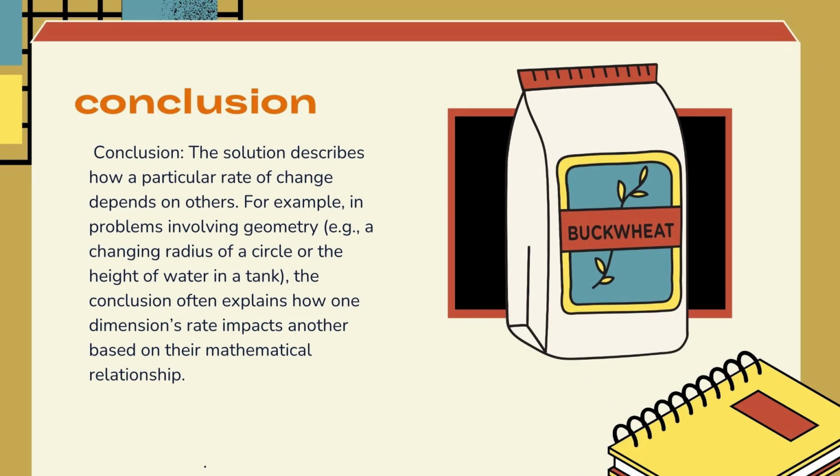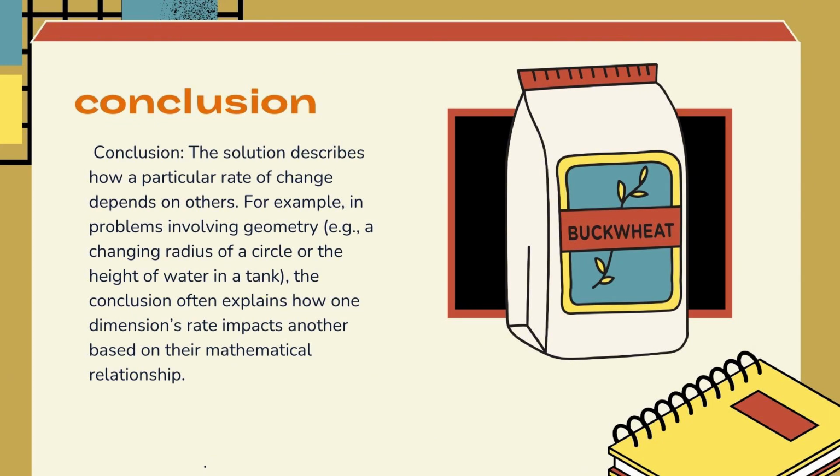Let's wrap up with the conclusion of this lesson on related rates. As we have seen, the heart of a related rates problem lies in understanding how the rates of change of different quantities are interconnected. The solution to a related rates problem describes how a particular rate of change depends on others.